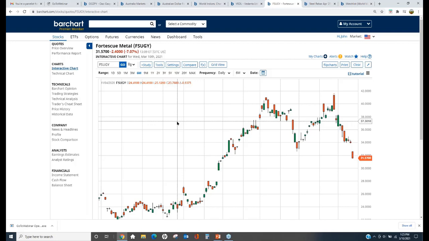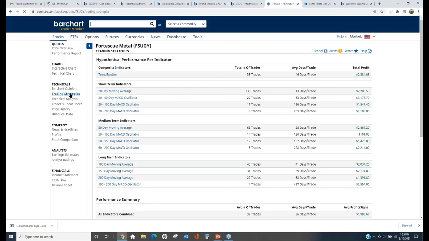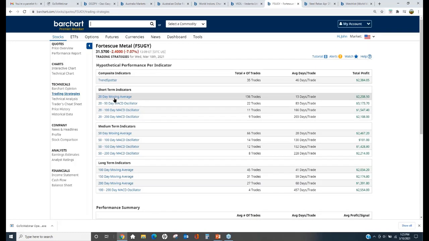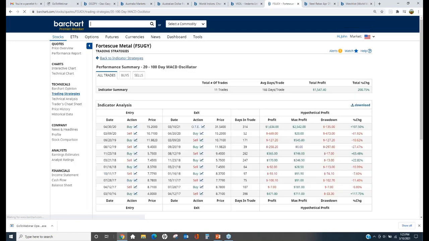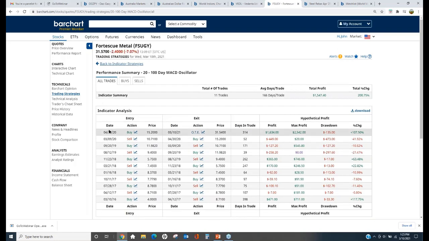Now, one of the things that I like to do is go into trading strategies inside of a stock, and for equities and for Forex, I really like the 20/100-day indicator, and we can see that the 20/100 indicator back on April 30th gave us a buy signal.